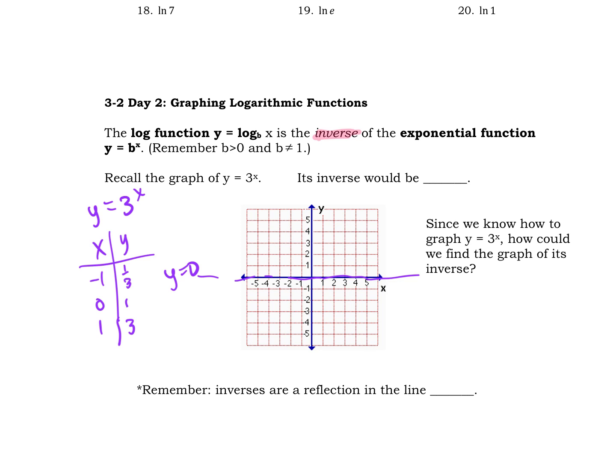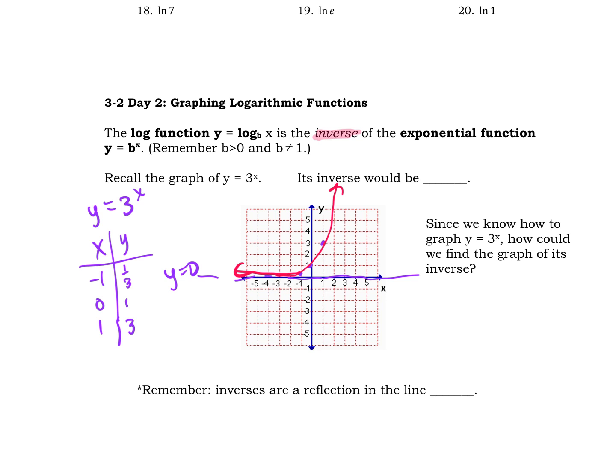We're going left 1 and barely up. We're going up to 1, and then we're going over 1, up 3. And let's go ahead and graph that. That looks about like that. Right? I'm going to want to see that table. I'm going to want to see those points. All right, that's just our basic exponential graph.